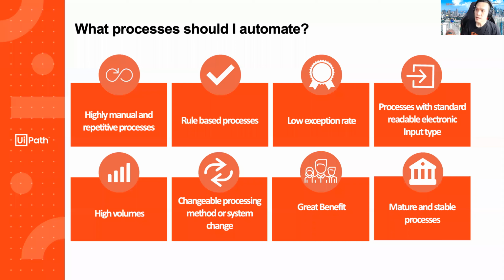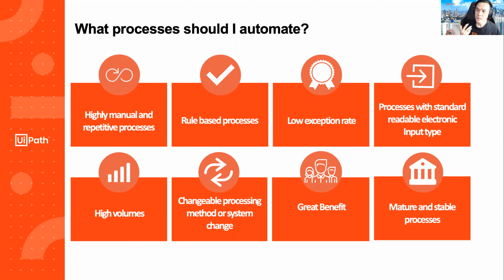It's always better to automate a process that deals with standard electronic input, right? The input always looks the same, like an Excel spreadsheet or a PDF form, or you have to go to a website and the website gives you the data in a very structured manner, like in a tabular fashion.